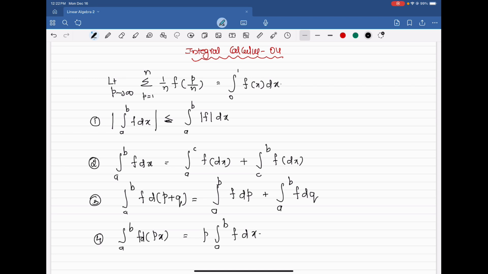These two are very, very important properties. The other important property, from the absolute value theorem, is that inequality. Whereas these two are very important. Let us know these four before going further on integral calculus.